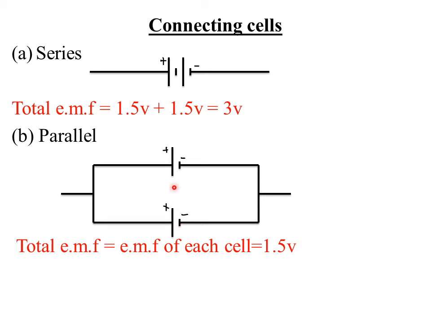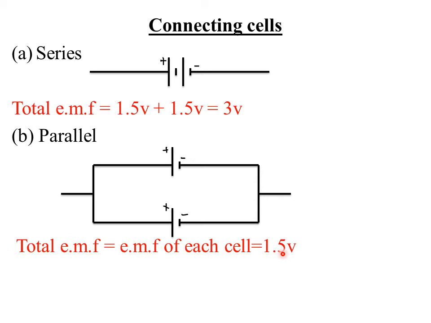If you have 2 cells, maybe each having an EMF of 1.5, then the total EMF will be equivalent to the EMF of one cell, which is simply 1.5. Unlike in series, where we were adding the EMF of each cell to come up with the total EMF. So when cells are arranged in parallel, the EMF is the same as that of a single cell.